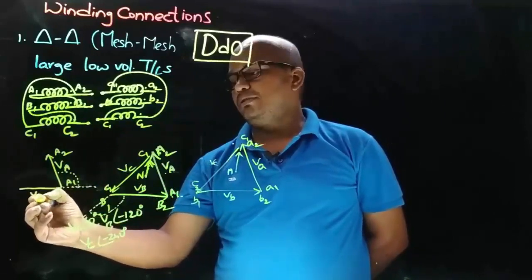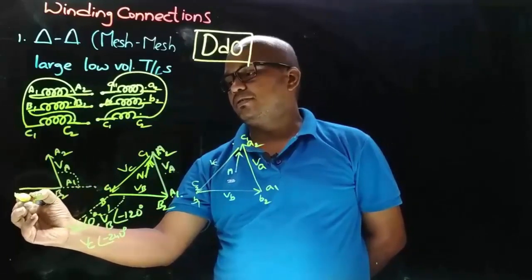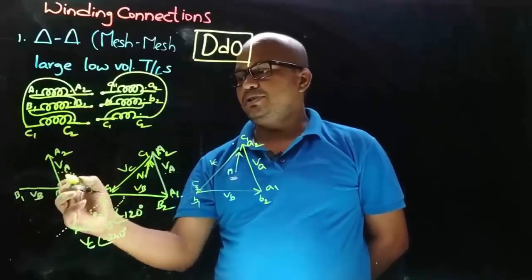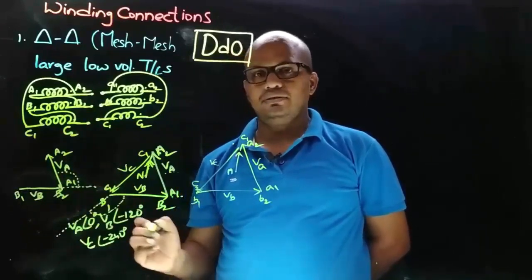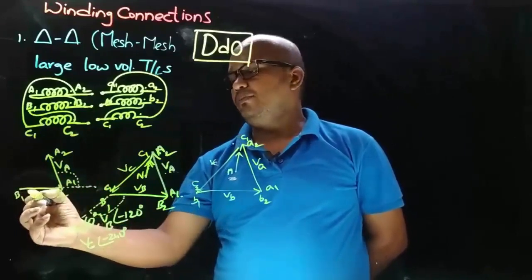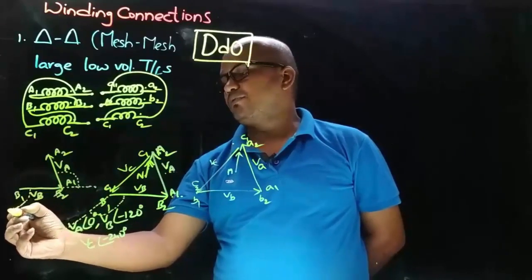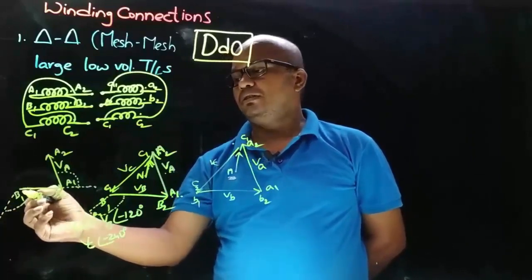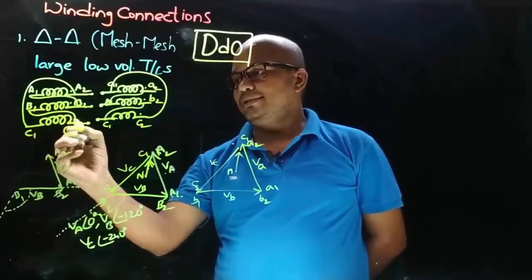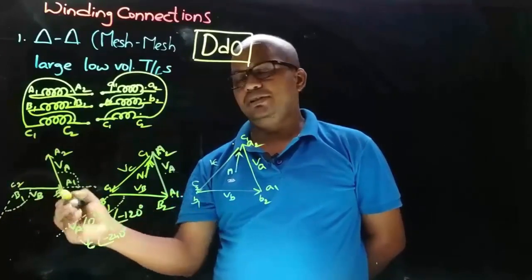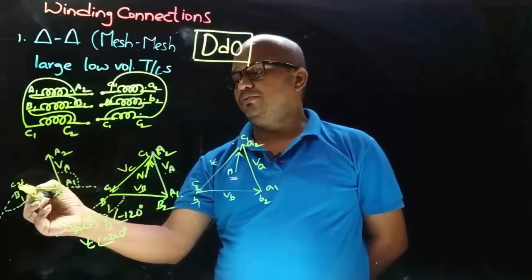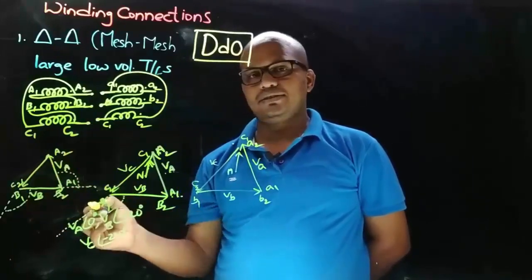This is VB phasor, and here we need to decide the direction. So B2 is the connection we took from, and similarly from VB phasor at an angle minus 120 there will be VC. Okay, so to B1 C2 is connected, so C2 terminal will be here, and here C2 is the connection we took from, so C2 phasor will be like this.